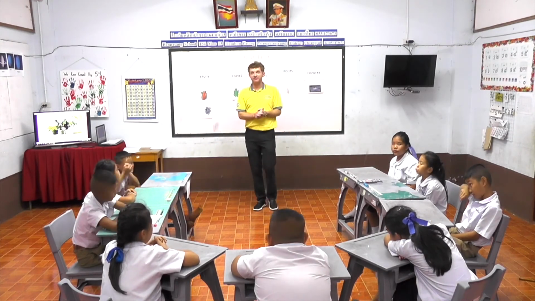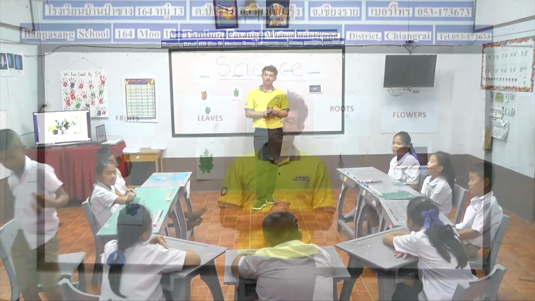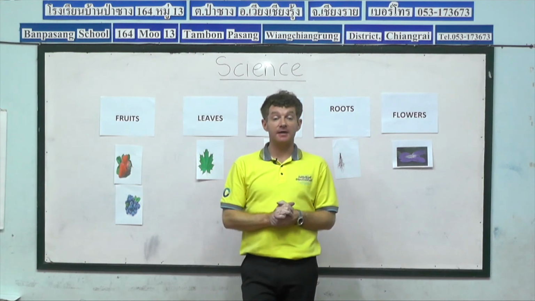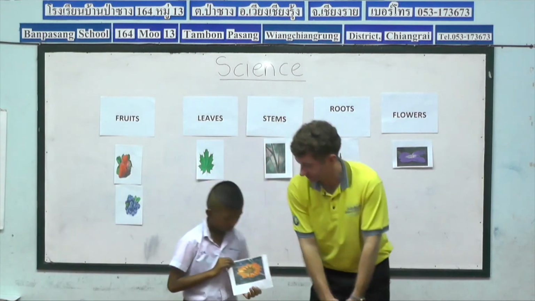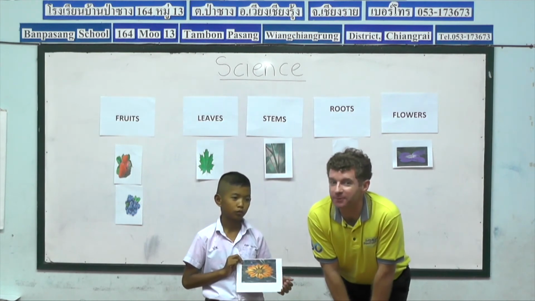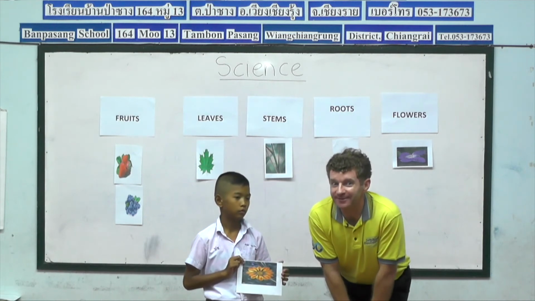Okay, now it's Pat's turn. Pat, can you bring your flash picture forward, please? And then show your friends. And let's see if we can see what part of the plant this is. Flower, yes. Can anybody remember what type of flower? Lotus flower.